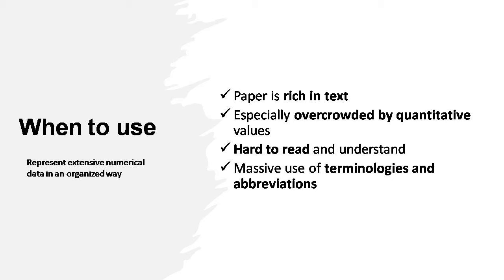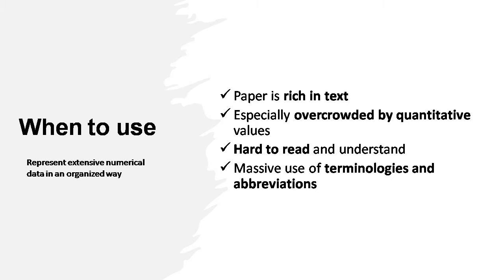The first thing is, if the paper is rich in text or numbers, then we should try to convert these numbers or text into tables. Particularly if the paper is rich in quantities and values, then we must convert these numbers into tables.